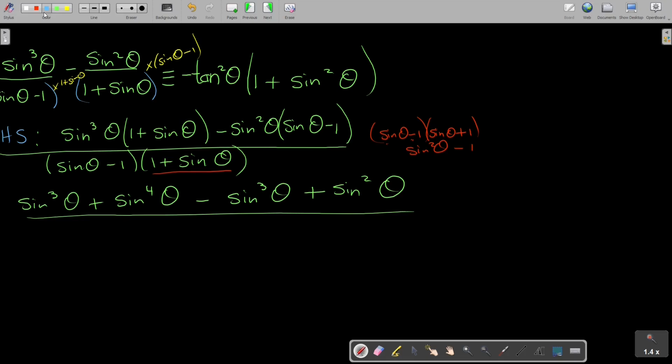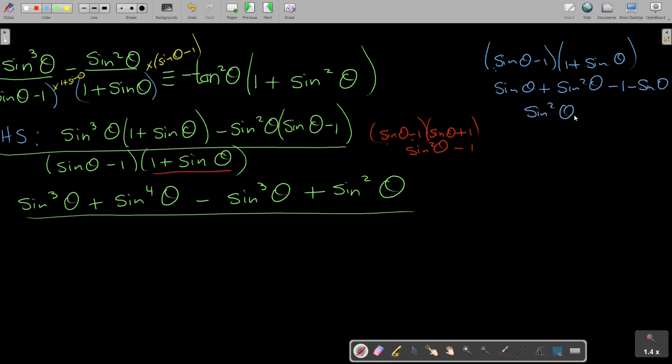Say somebody is saying, I cannot see it. Then make it sin theta minus 1 and multiply it out with plus sin theta. So it's going to be sin theta, plus sin square theta, minus 1, minus sin theta. So the sin theta cancels out, and it's sin square theta minus 1, as I showed you there.